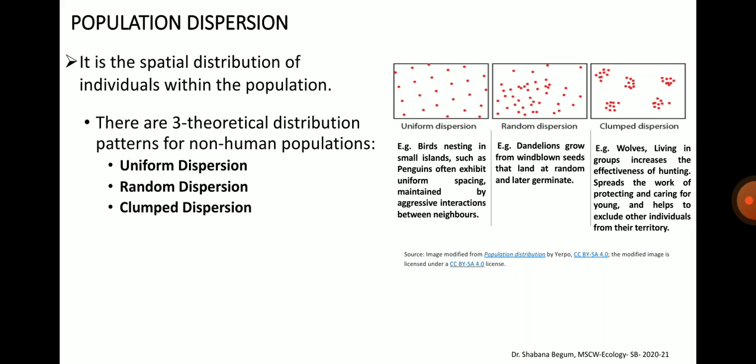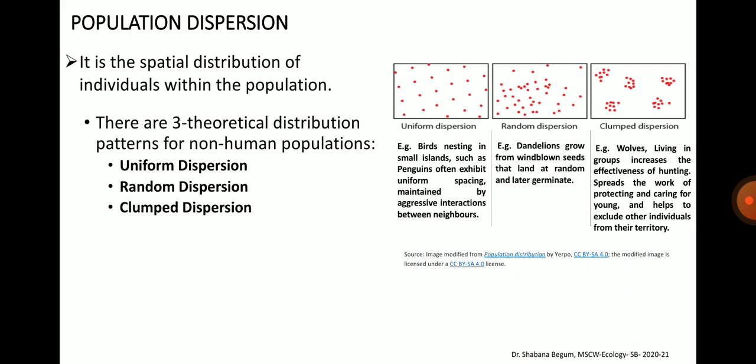The population in a given area is dispersed or distributed in several ways. There are three basic patterns of dispersion. These are also called theoretical distribution patterns for non-human populations: uniform dispersion, random dispersion, and clumped dispersion.